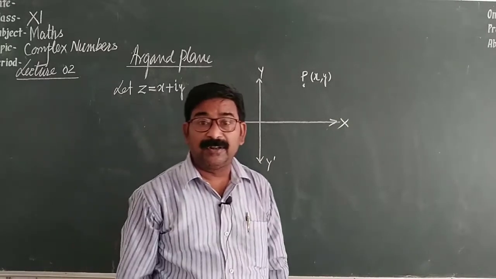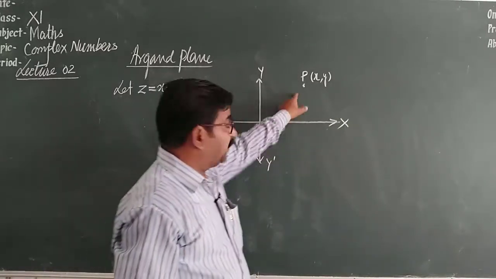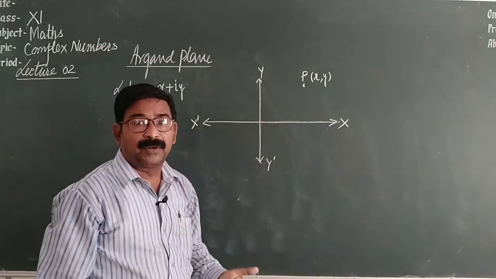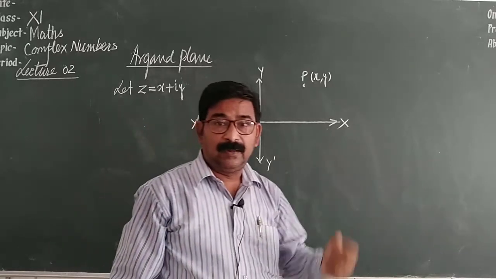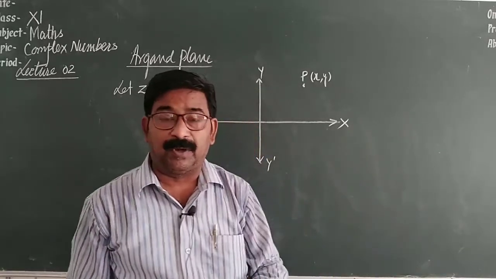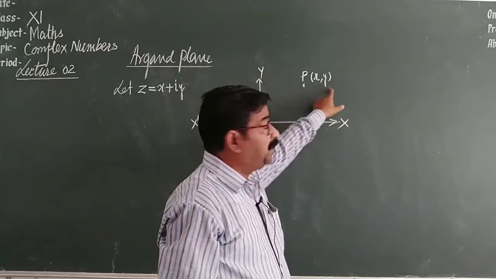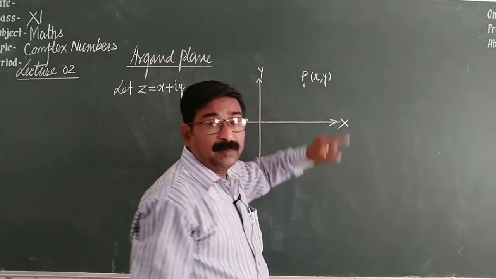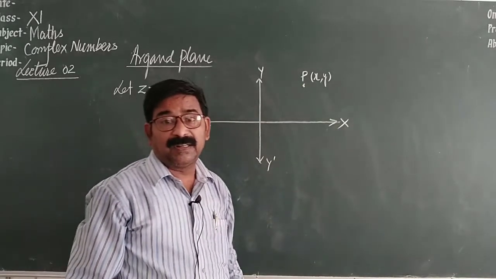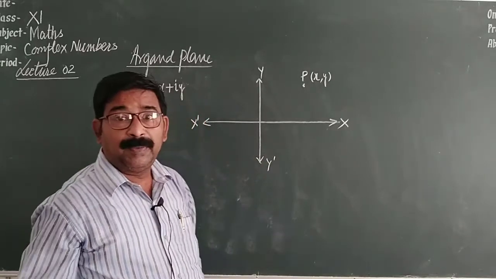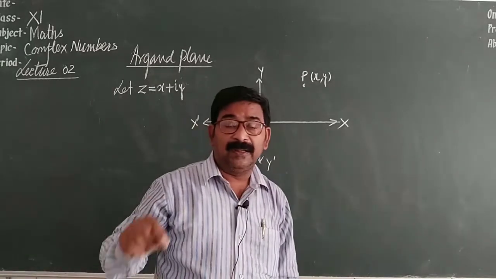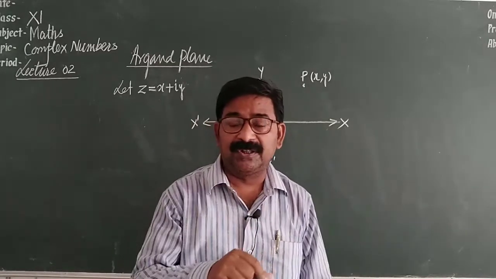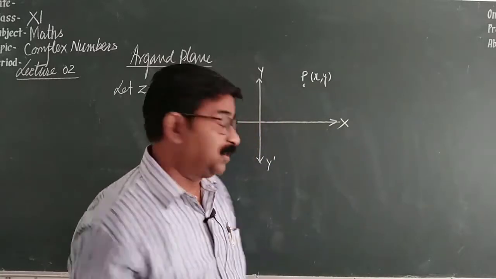But when this point is noted as a number, try to understand, there is a difference between a point and a number. So P is a point whose coordinate is (x, y). When this point is represented by a number, that number is called a complex number. Means in the Cartesian plane, if any point is noted as a number in the number system, it is a complex number.